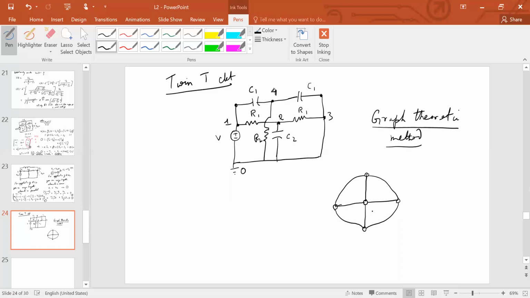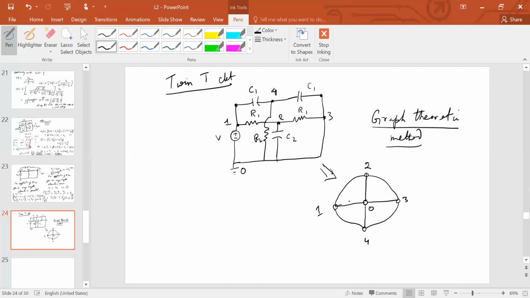Okay, so let's call this node 0. I'm just getting from this circuit to this transformation here, all right? So let's call this 3, let's call this 4, call this 1, let's call this 2.